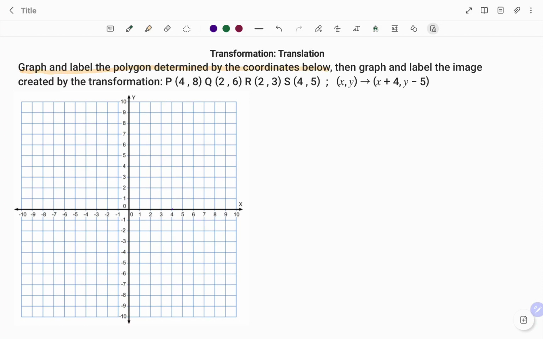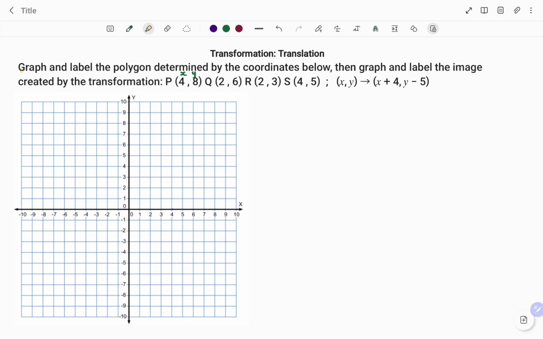So to determine the coordinates of the polygon given, we've been given point P as (4, 8). Note that while writing the coordinates on the xy plane, the first coordinate is your x value and the second coordinate is your y value. So if I go back to my graph, I'm going to start from my origin, 0, then 4 for x.